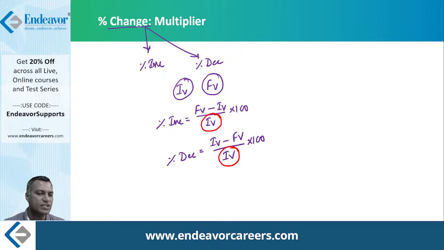Increase this by 25% and let me know what the final value is. If you are doing it in school, this is what you will write: 80 plus 25% of 80 is equal to the final value. This is what you would have done there, right?